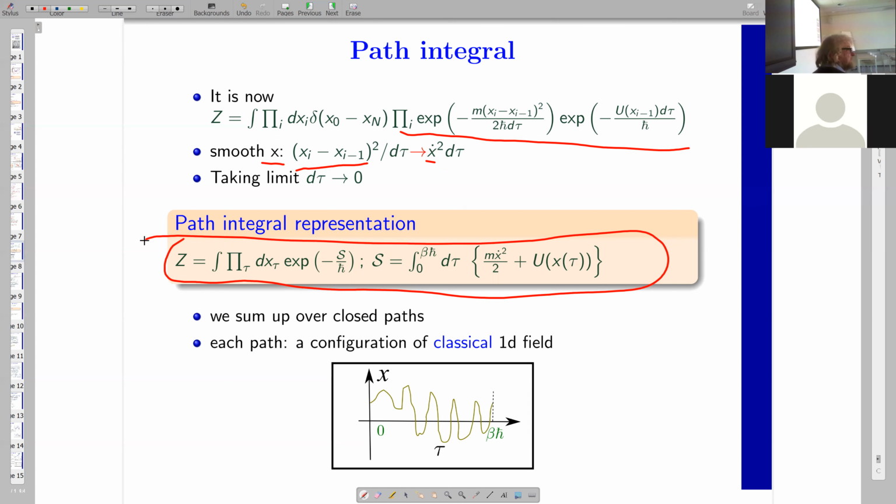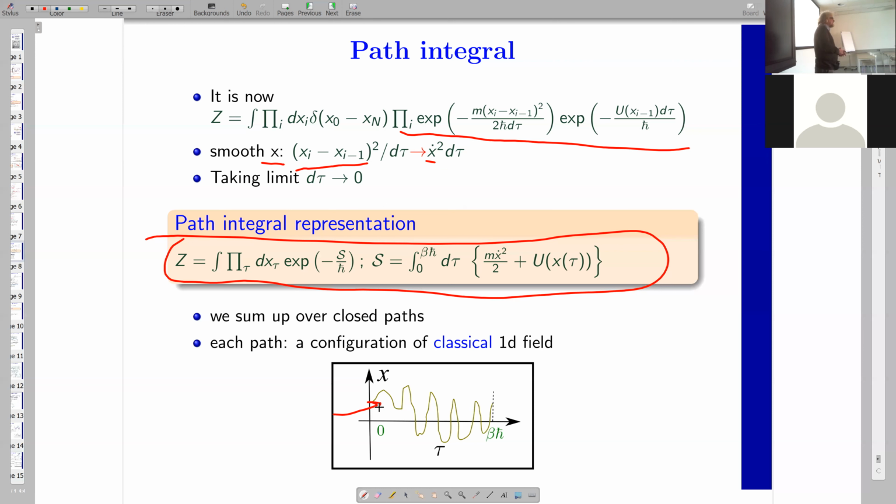The partition function is a sum over configurations. Each configuration is x, which depends on tau. For historical reasons, this is called a path. So we sum up or integrate over paths. It is a path integral.